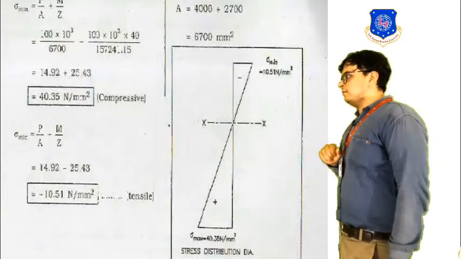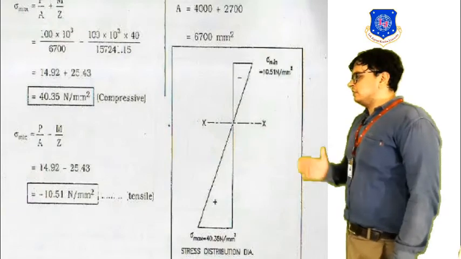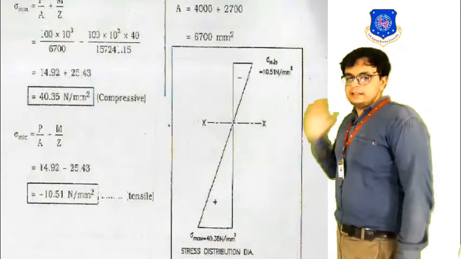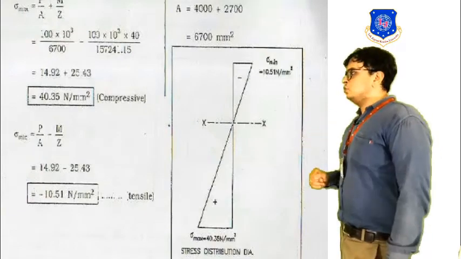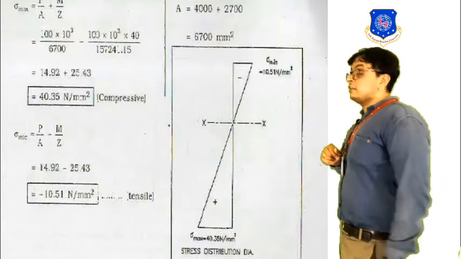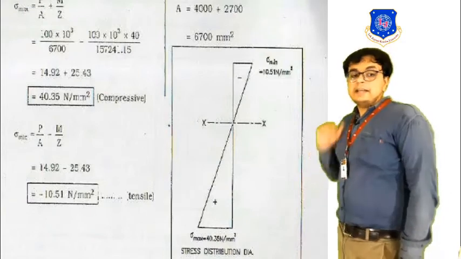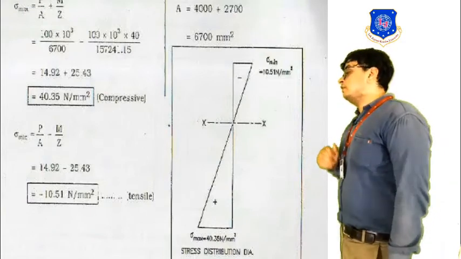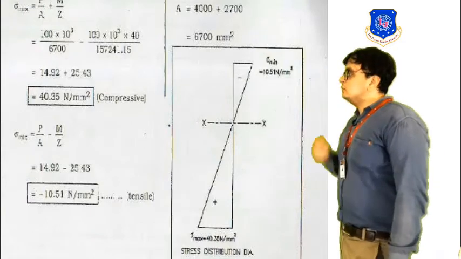So this is our bending stress. So direct stress minus bending stress, that is 14.92 minus 25.43. So finally we are getting the minimum stress of minus 10.51 Newton per millimeter square.